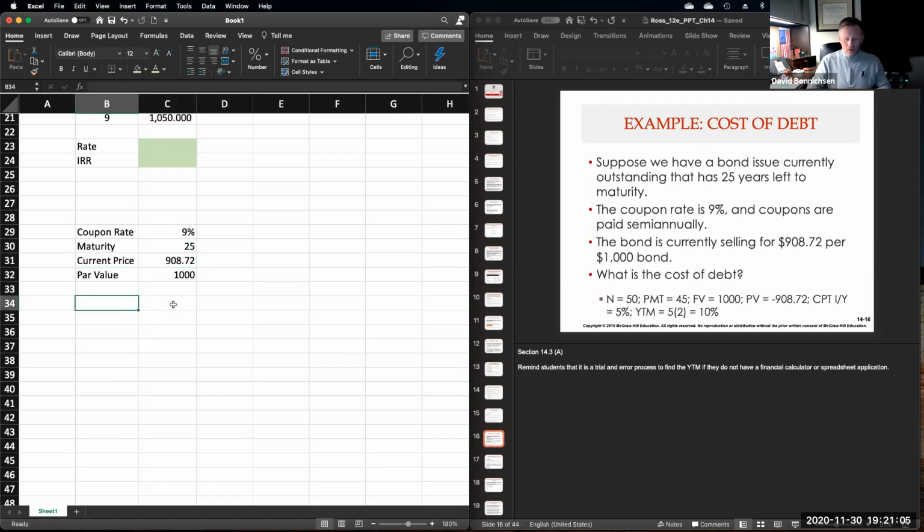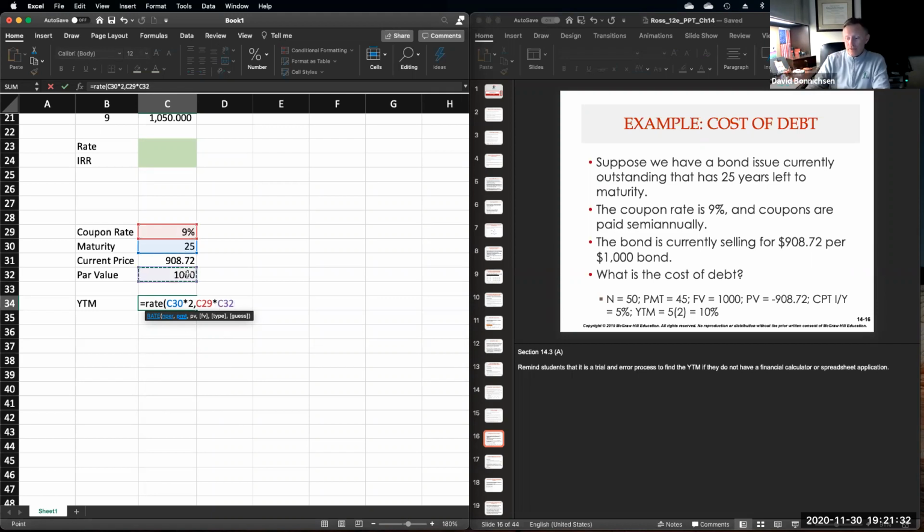Okay, so yield to maturity is equal to the rate, times the number, first variable, number of periods. So we've got 25 years times 2 compounding periods. Don't forget the compounding. What's our payment? What's the coupon payment that we get each compounding period? Well, we get 9% times 1,000, but that's on an annual basis, divided by 2, so that on a 6-month basis, that's what we're getting.